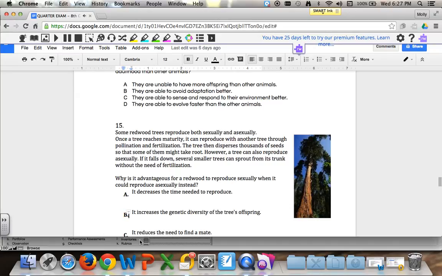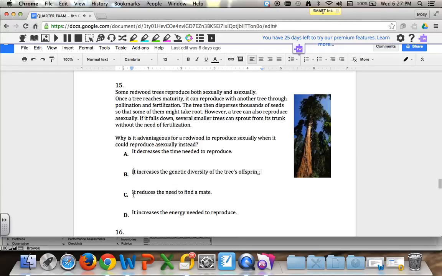B. It increases the genetic diversity of the tree's offspring. C. It reduces the need to find a mate. D. It increases the energy needed to reproduce.